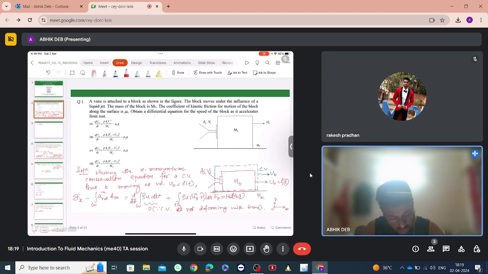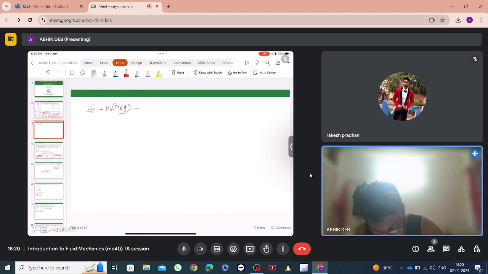minus what is the relative acceleration. Relative acceleration will be the change of ub with respect to time, that is dub by dt, and the vector sign, so we are considering only the x direction acceleration, so it is only ub. So minus of dub/dt integration over the control volume of dm, which is the mass of the control volume, that is mb.